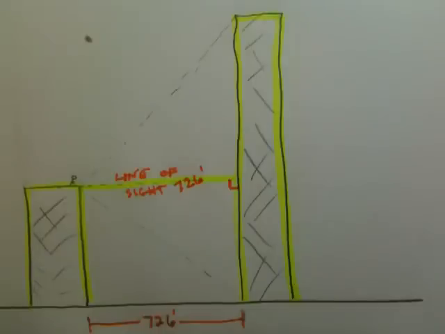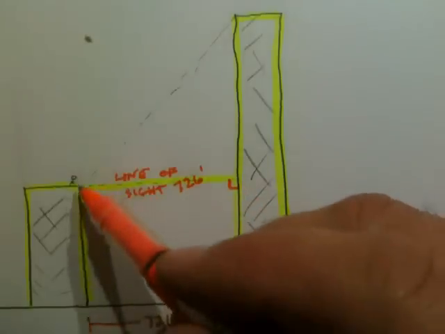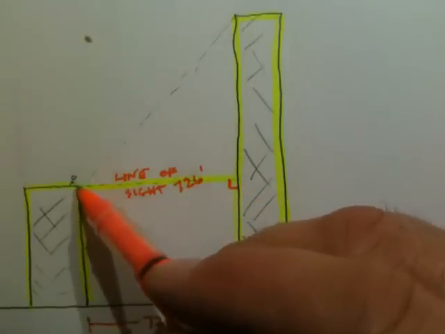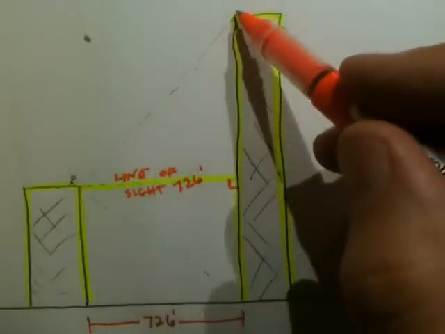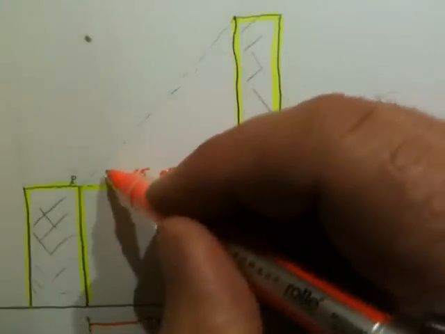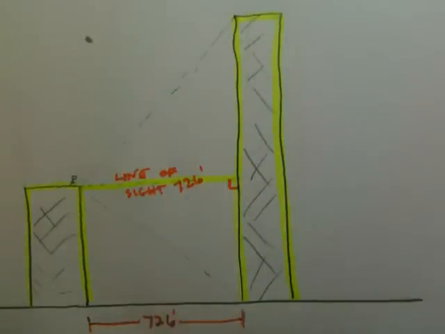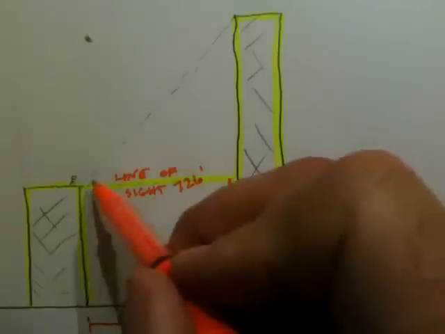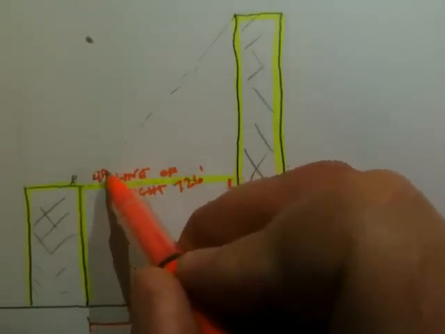The person at the top of the small building is carrying a protractor with them, and they measure the angle of elevation to the top of the building. And the angle of elevation that they determine is going to be 49 degrees.